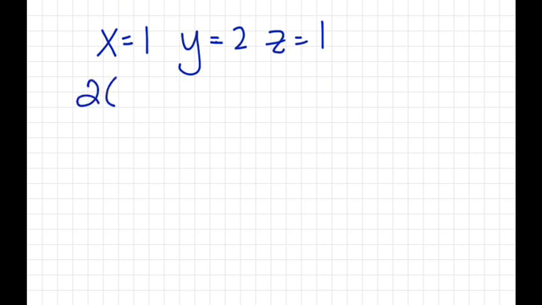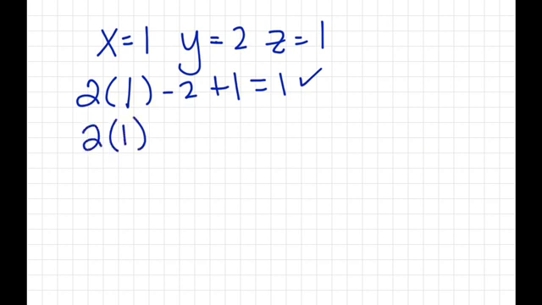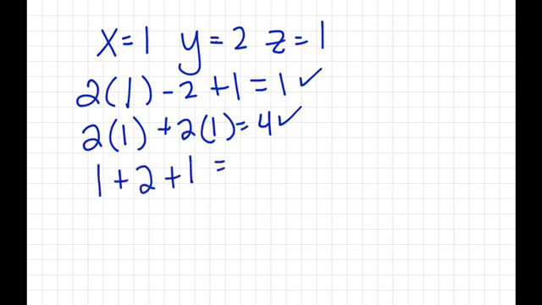I'm just going to write down what you would type. 2 times 1, minus 2 plus 1, and when you put that in your calculator, do it yourself, it's equal to 1, so that one works. Then I'm going to do 2 times 1, there's no y, so I'm not going to do anything for that, and then plus 2 times z, and so that's going to equal 4, and that's true. And then x plus y plus z, and that's equal to 4, and that's true.